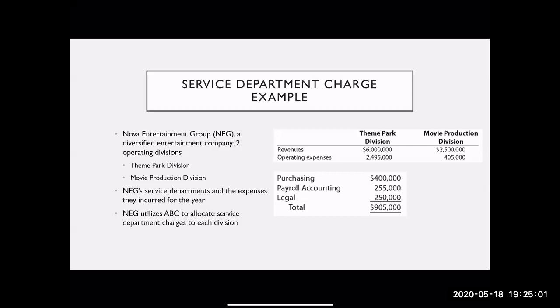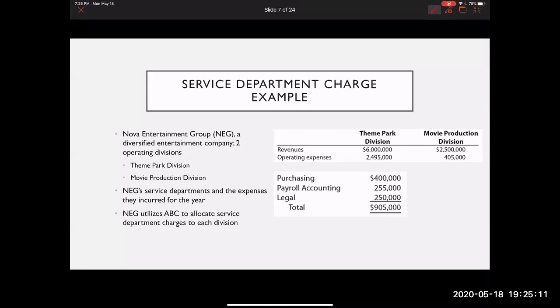And so as I mentioned in the previous slide, at the end of the period, this corporate center will no longer have this $905,000 at their cost center. What they're going to do is look at, okay, who gets a portion of this $905,000, right? And it's going to be based off how much they use the service.